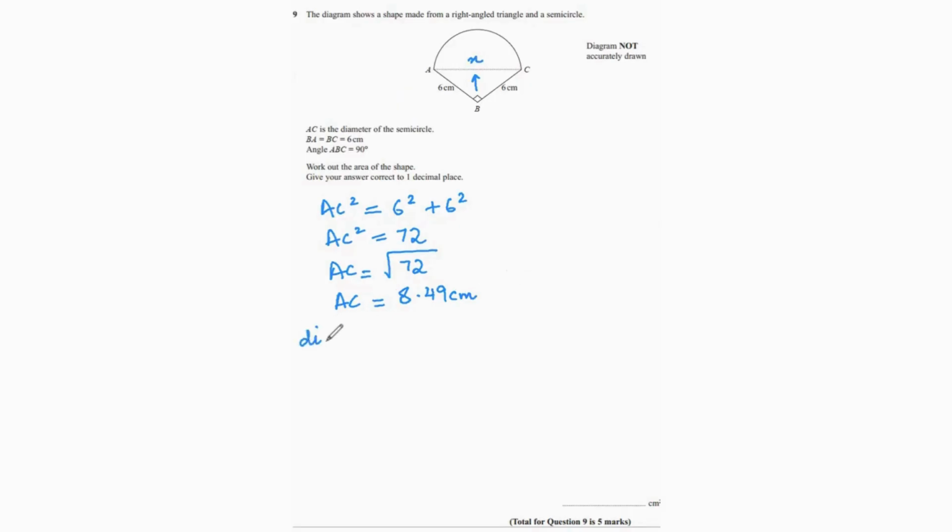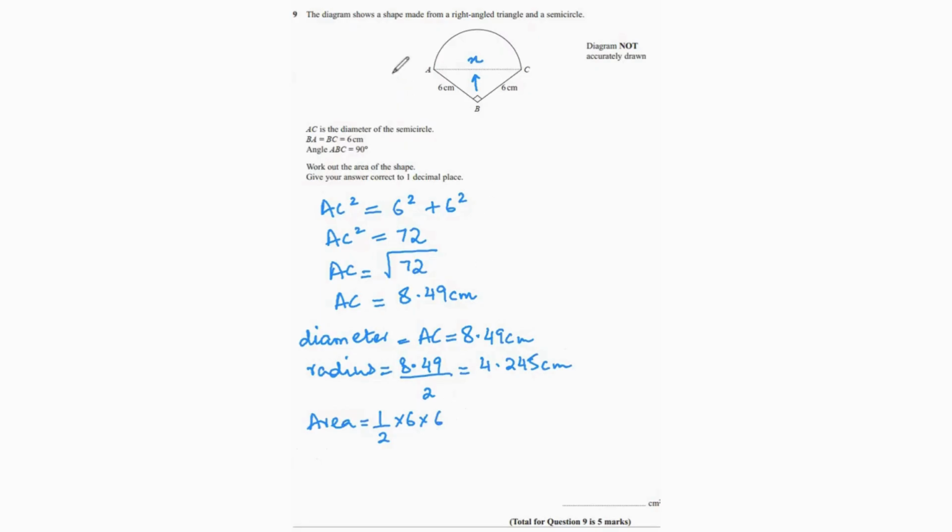Now, this is also the diameter. Diameter equals AC, which is 8.49 centimeters, which means the radius is going to be half of 8.49, which is 4.245 centimeters.